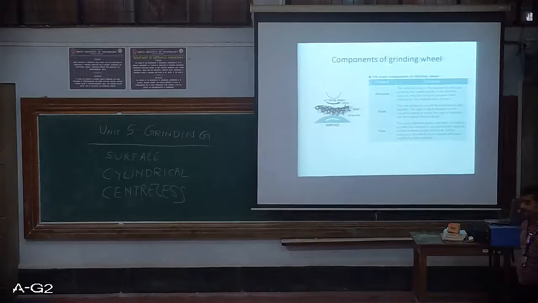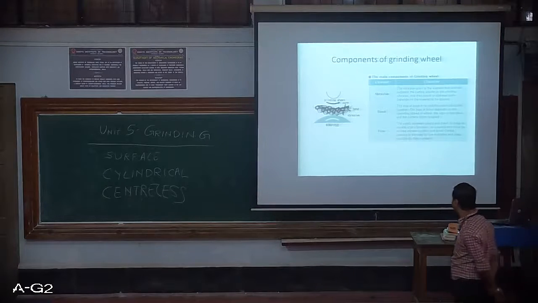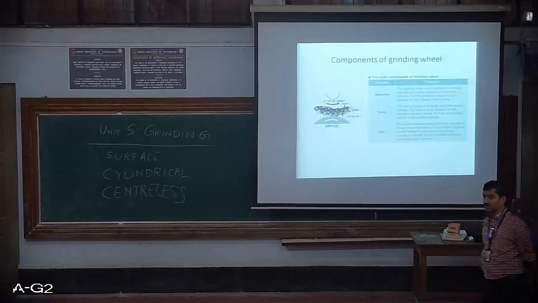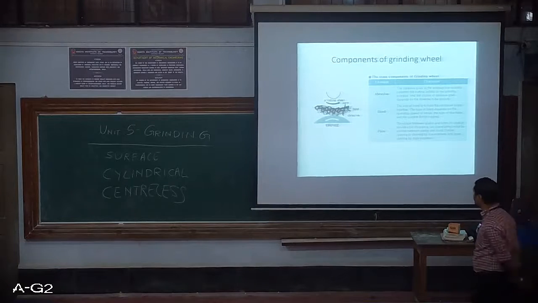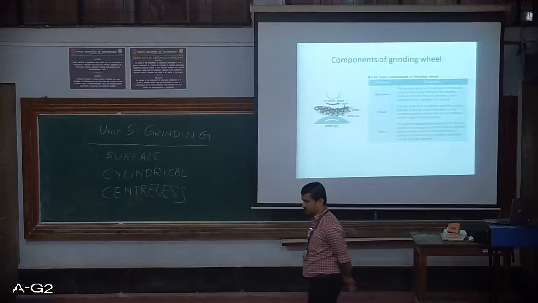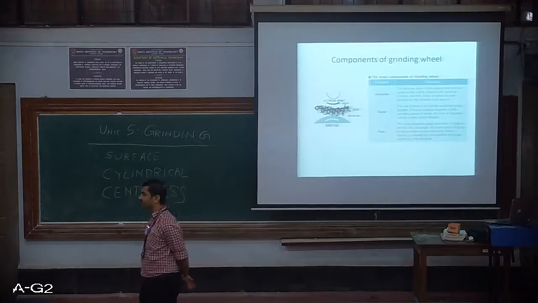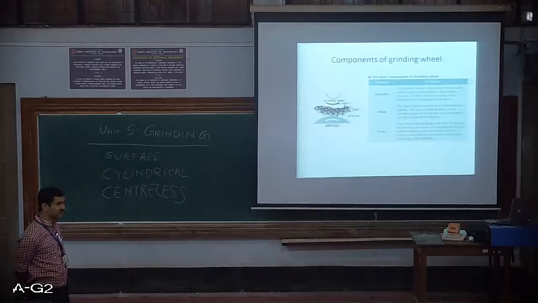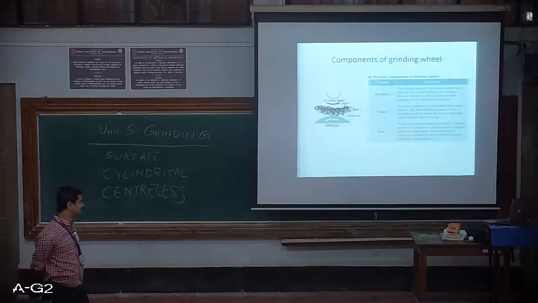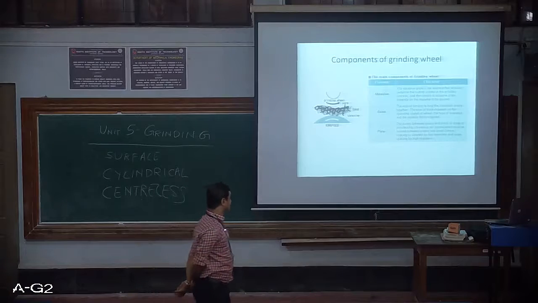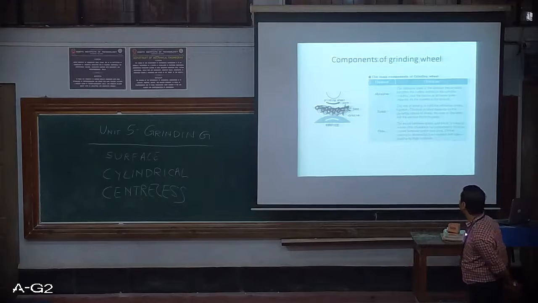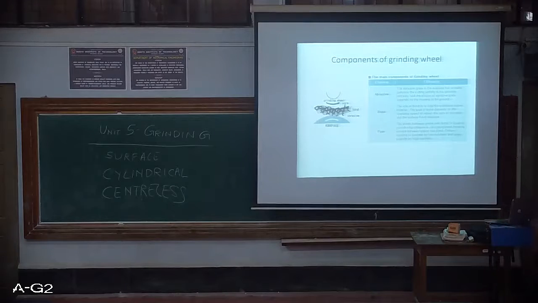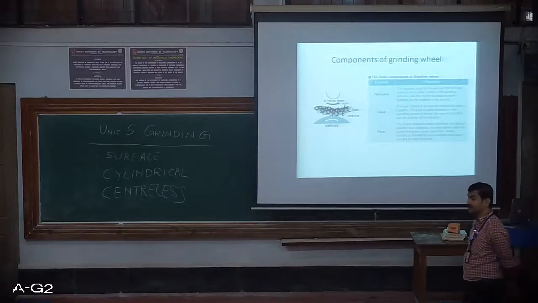So the next thing we are supposed to understand is what a grinding wheel consists of, basically the components of a grinding wheel. The main components of a grinding wheel are abrasive, bond and pore. During self-sharpening characteristics we had listed these three terms, and let us see them in detail. The abrasive grain is the element that actually performs the cutting action in grinding. The choice of the abrasive depends on the material that is to be machined.